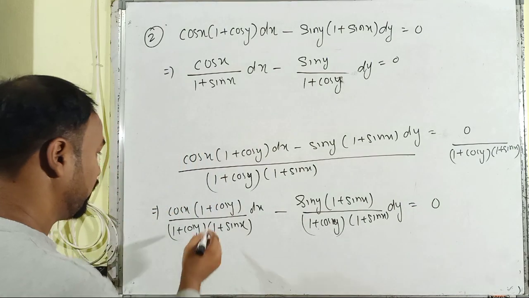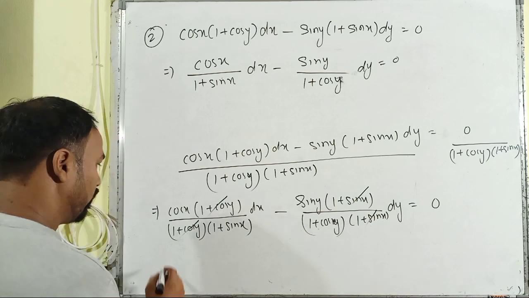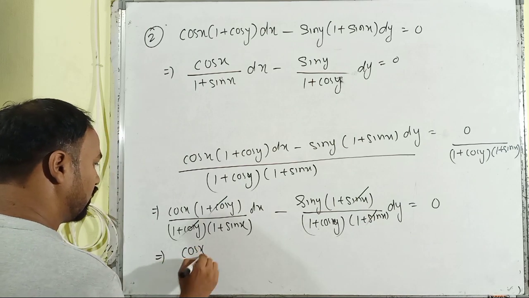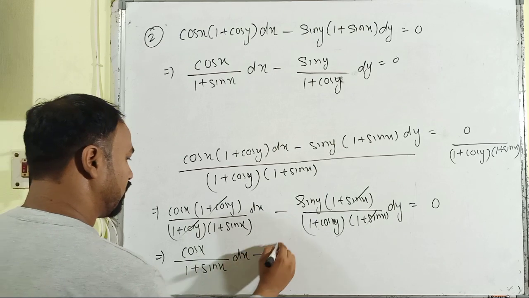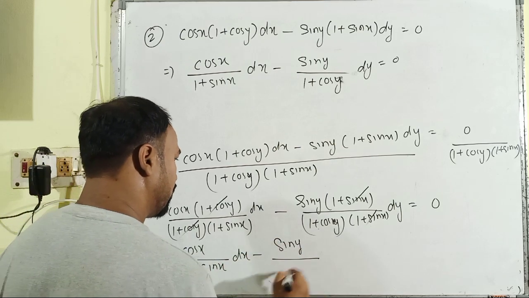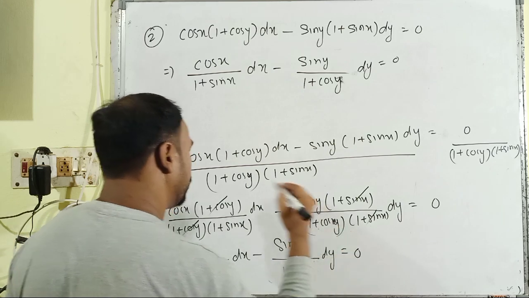Then just cancelling the common parts from both numerator and denominator, we can have cos x divided by 1 plus sin x dx minus sin y divided by 1 plus cos y dy is equal to 0.